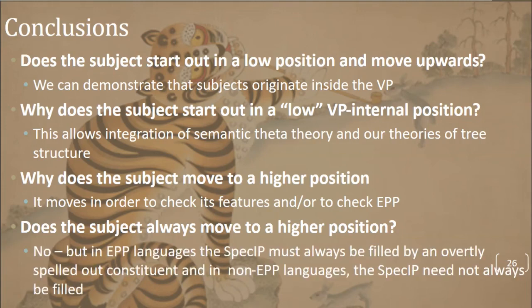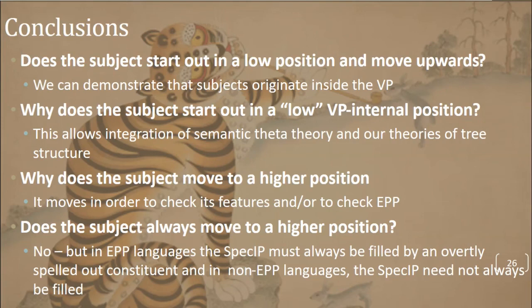In a language like English or a similar EPP language, a subject may remain inside the verb phrase if and only if the subject position in the specifier of the inflection phrase is filled by some other category, such as a semantically meaningless expletive. However, in non-EPP languages, the subject can also remain in situ inside the specifier of the verb phrase.